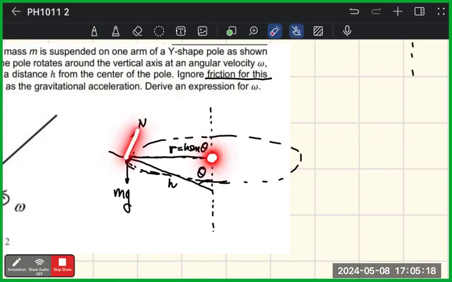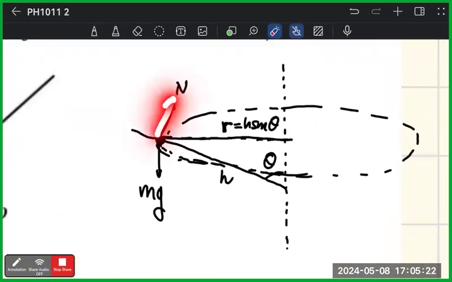But we have n, which is going a little bit shifted here. So you have to project these n forces. You can easily see that because this big theta is here, so you have two angles, and the other one is this one, which is a bigger theta, right?